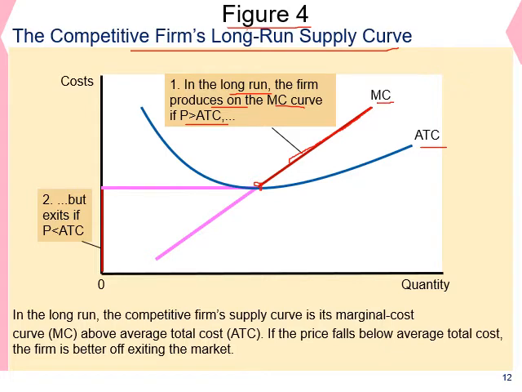This point is known as the break even. The firm is making zero profit. Any price below this point, the firm will be losing money and should exit the market. If price is below average total cost, the firm will be losing money, and then they have to exit the market and will be producing zero quantity.